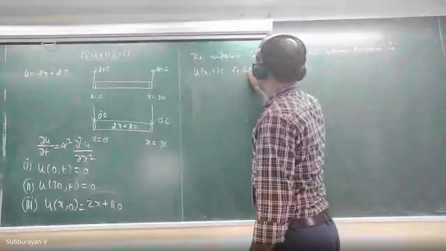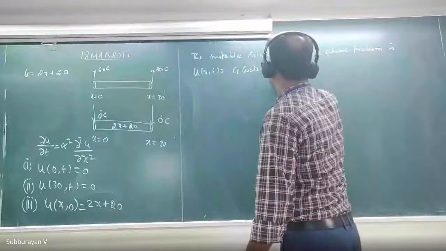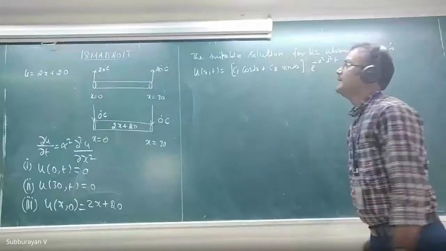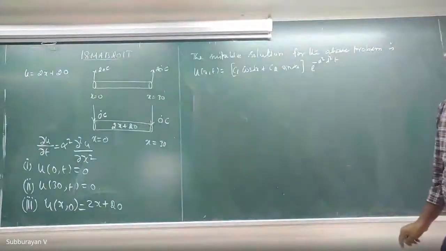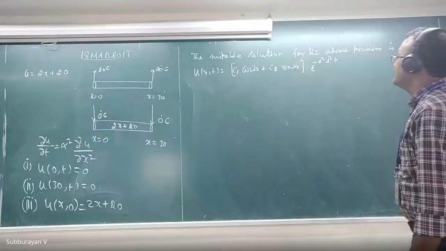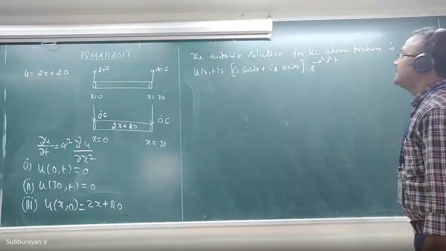C1 cos lambda x plus C2 sin lambda x into e to the power minus alpha square lambda square t. Very good.